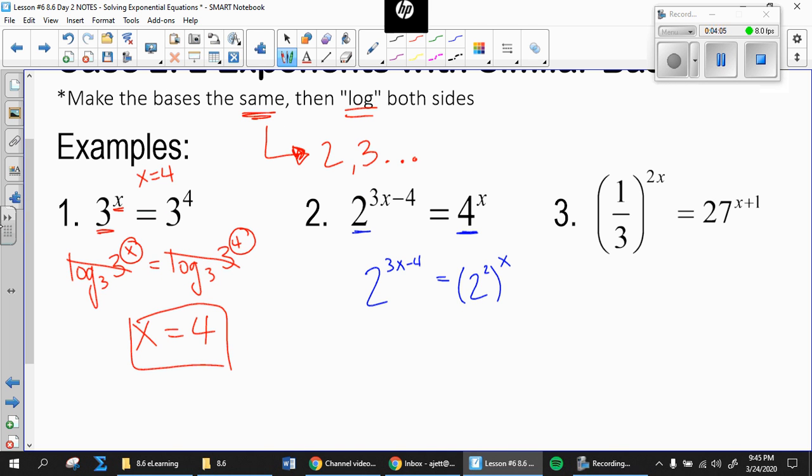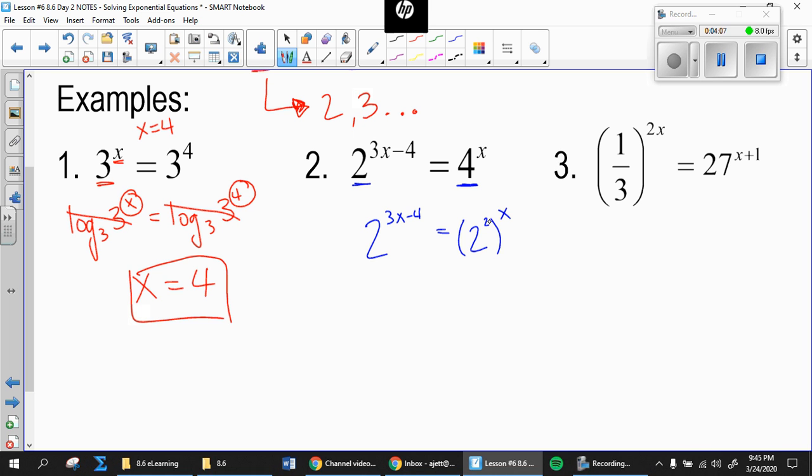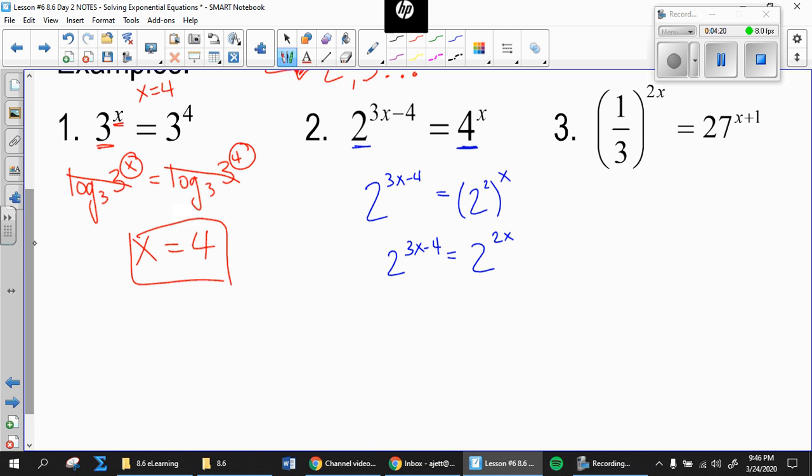Now, remember our exponent rules. Our exponent rules tell us that if we take a power to a power, that is simply multiplication. So it becomes 2 to the 2x. Now, just like we did over here, I can take the log with base 2 of each side.